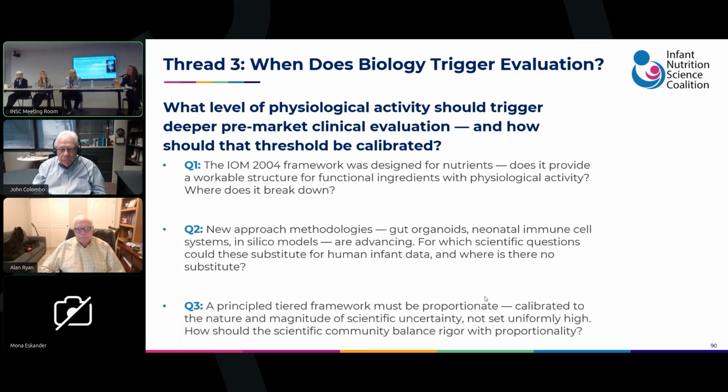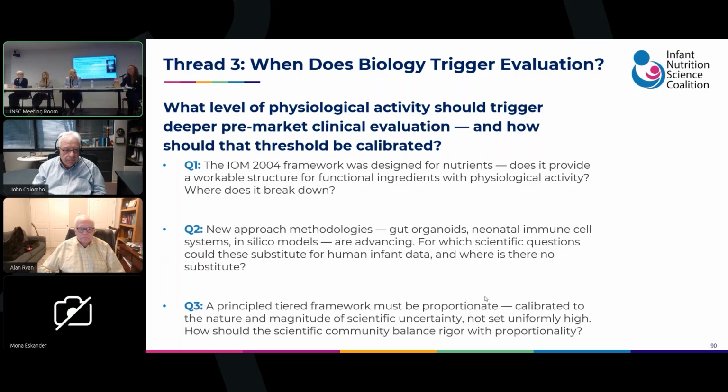It sounds like a lot of us want to talk about what the specific endpoints are that we could be investigating. For this question in particular, it was more a threshold of evidence: when would the evidence trigger or warrant an RCT or a secondary endpoint in a GMS? I'm hearing we don't really have a clear one.